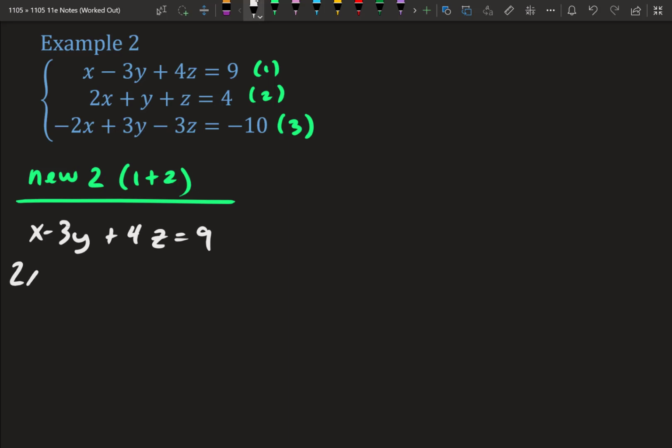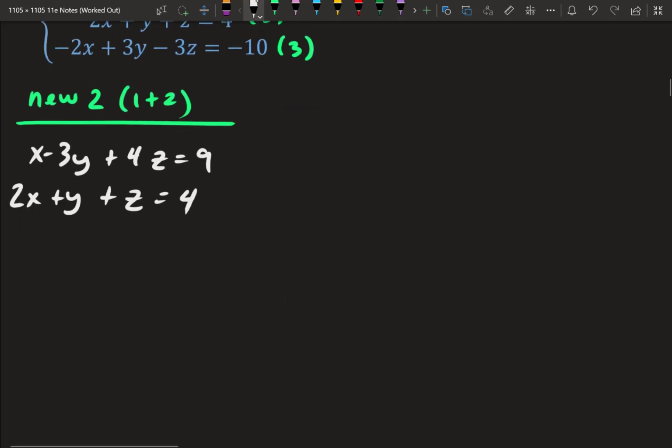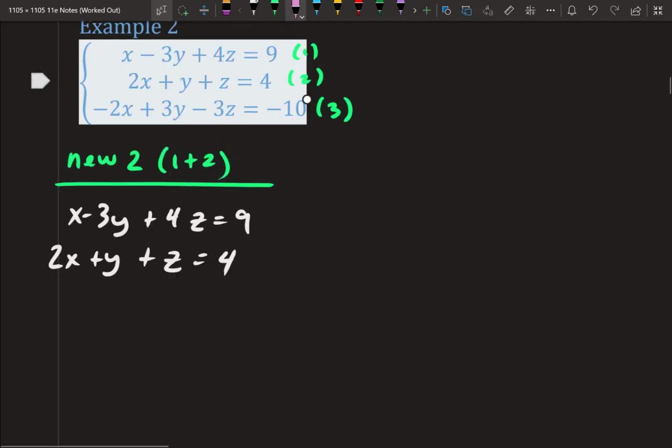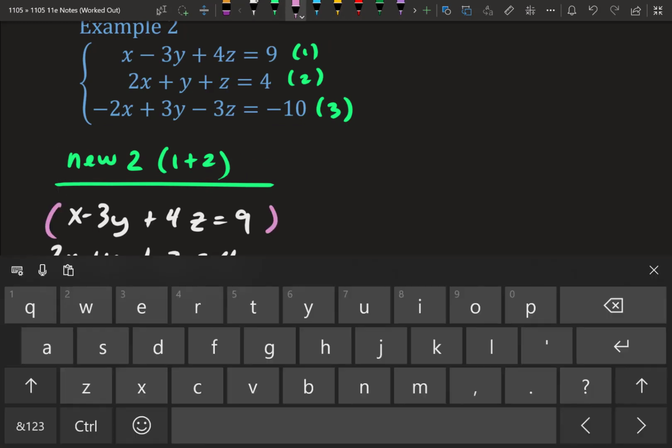And 2, we have 2x plus y plus z equals 4. And then from here, we're going to look for a variable to get rid of. I chose to get rid of x because I want to. There's no other reason. You can get rid of x, get rid of y, or get rid of z. So I'm going to multiply the top by negative 2.